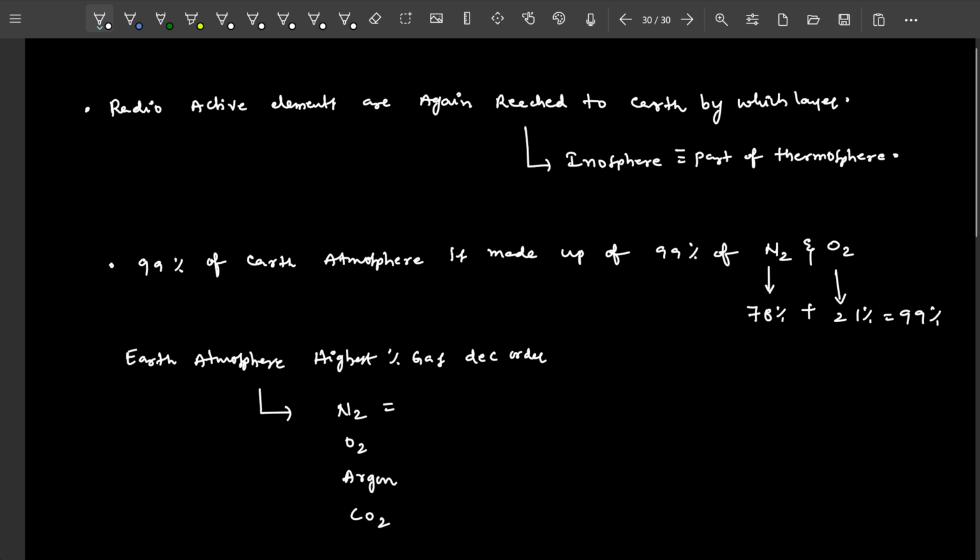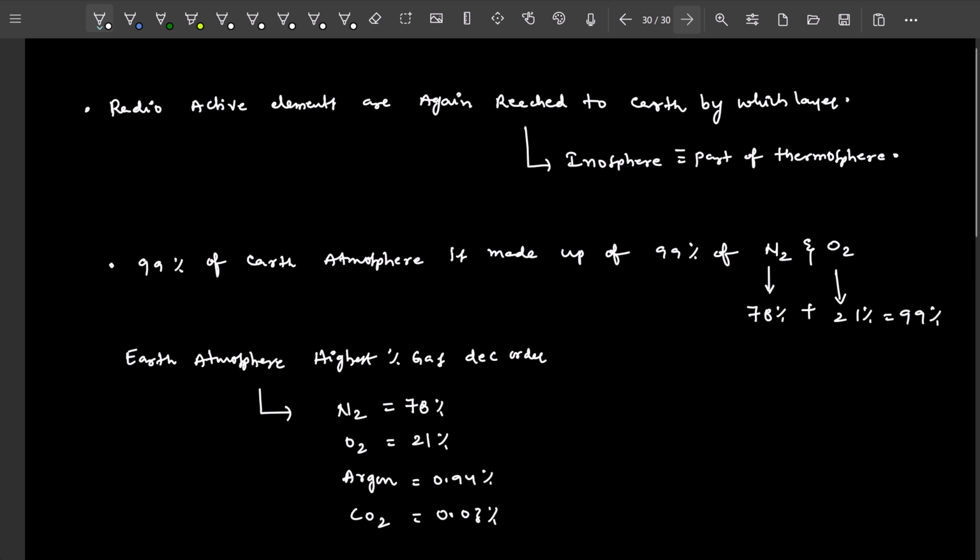Nitrogen is about 78 percentage, oxygen is 21 percentage, argon is 0.94 percentage, and carbon dioxide is 0.03 percentage. This order is important and these percentages are also important.